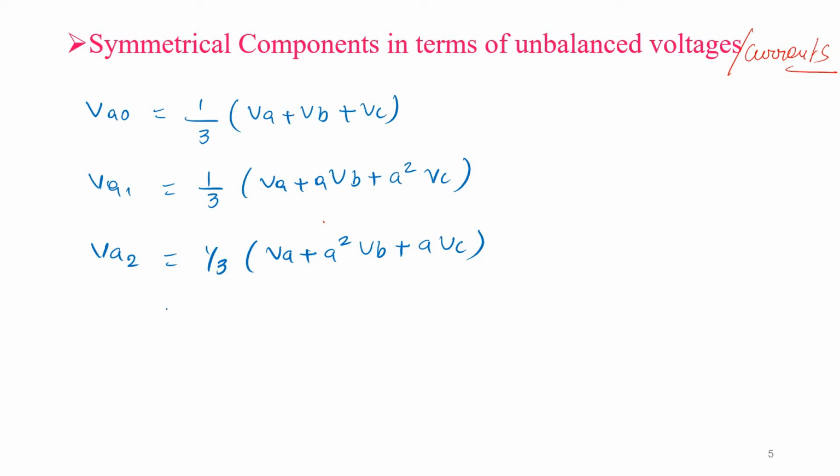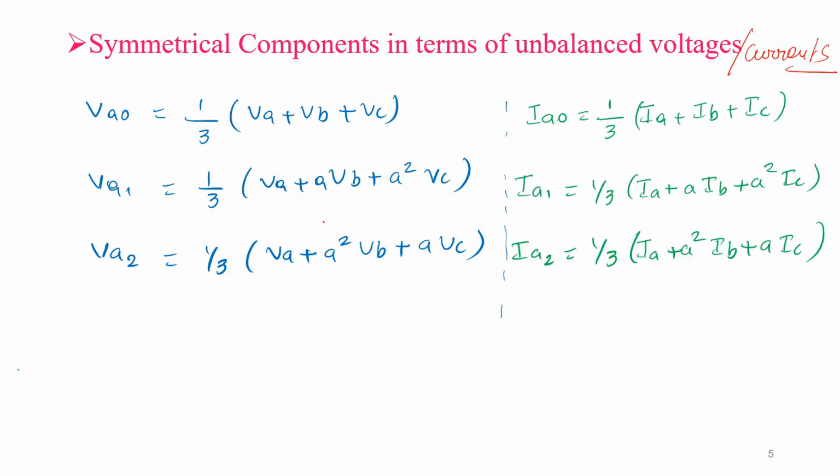So these are the relations in terms of the unbalanced voltages. Now we can write them in terms of the currents also. Remember any one set; don't try to remember both sets of equations. Remember either voltages or currents, and you can write the other one.